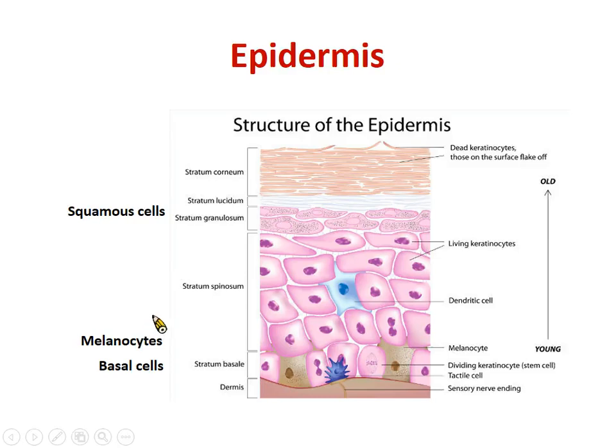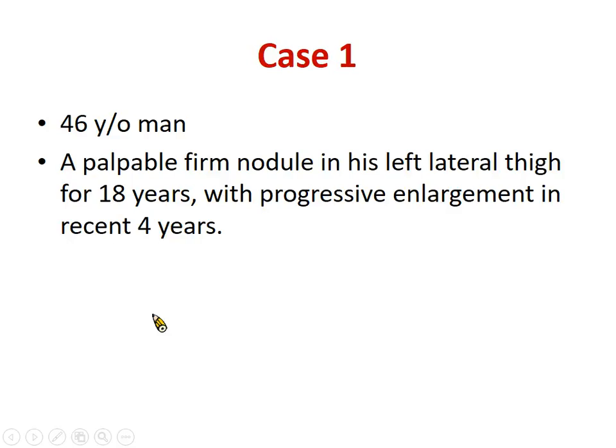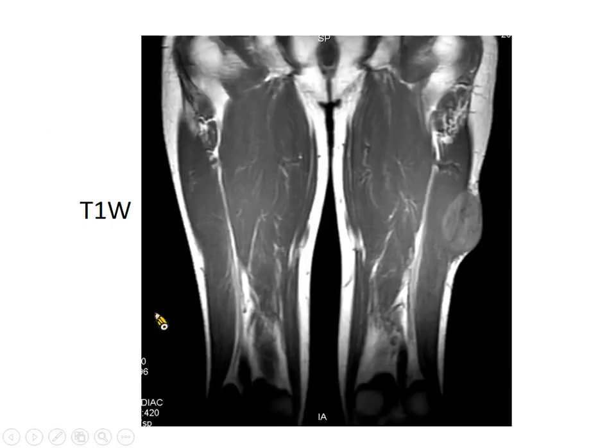So, case 1: a 46-year-old man with a palpable firm nodule in his left thigh for 18 years, with progressive enlargement over 4 years. Here's the image. First of all, we can identify the spindle-shaped mass over here.